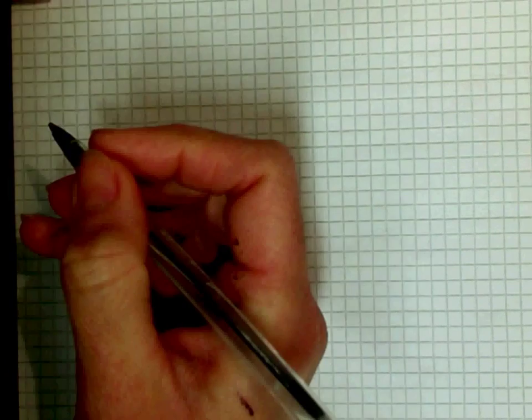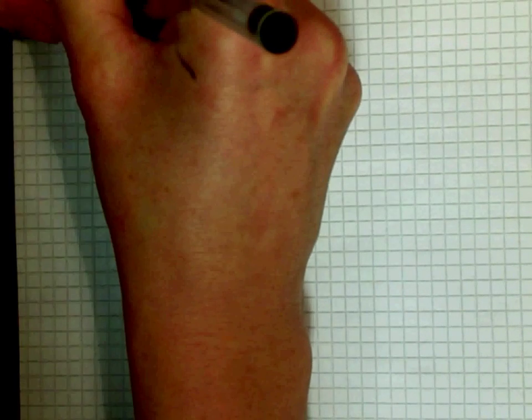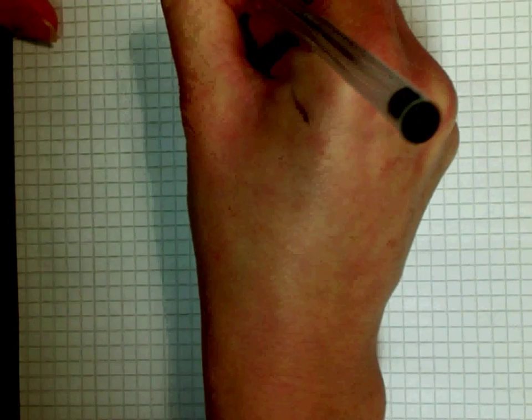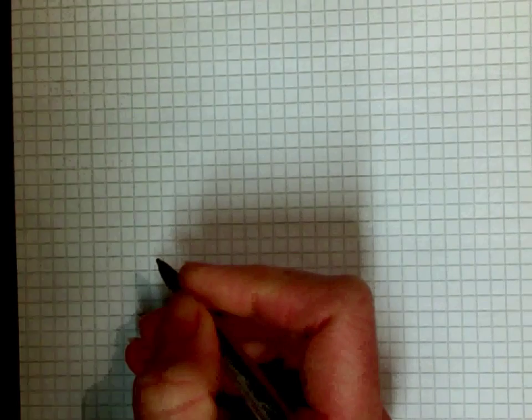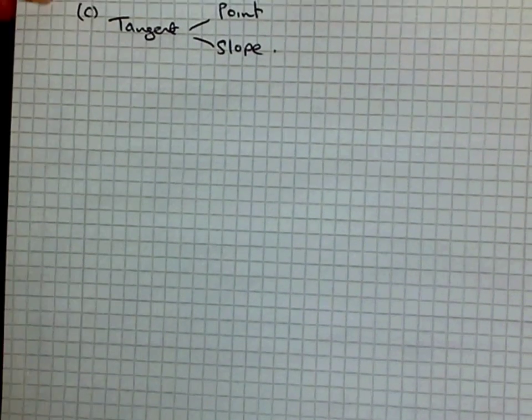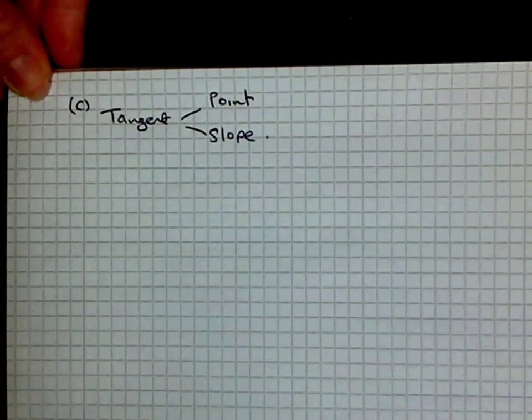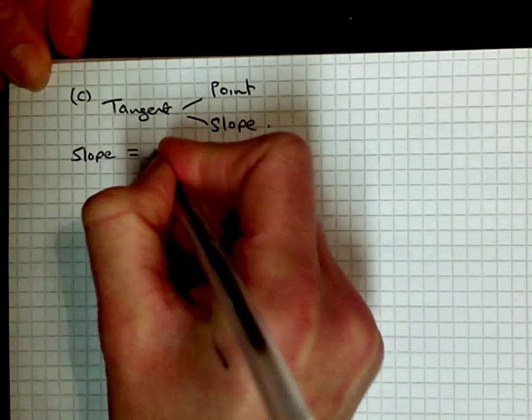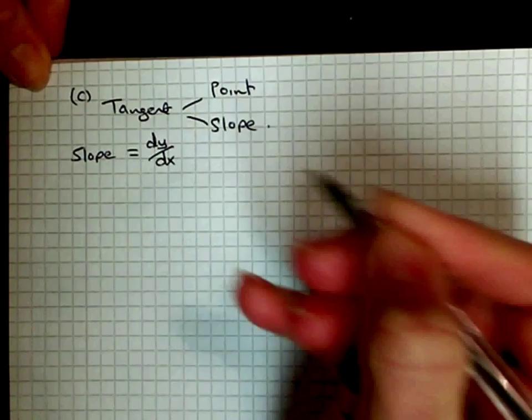So part C. To find the equation of a tangent, we need a point and we need a slope. Okay? So in differentiation, we know that the slope is equal to dy dx, which we already know.